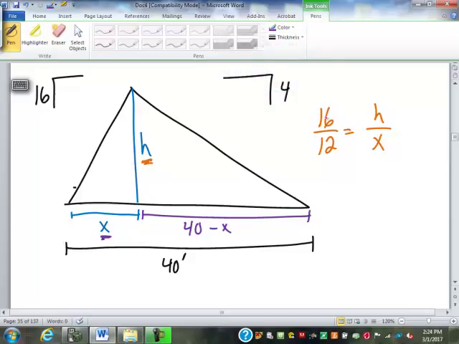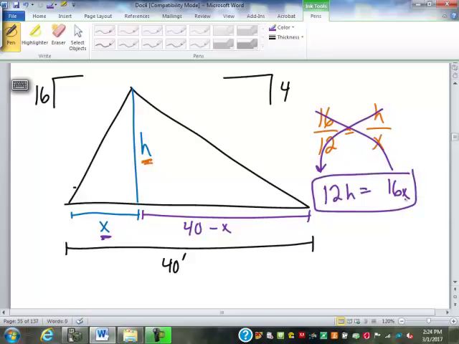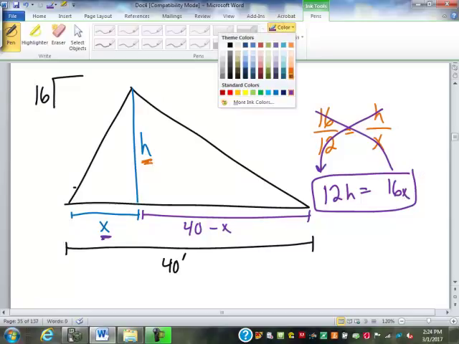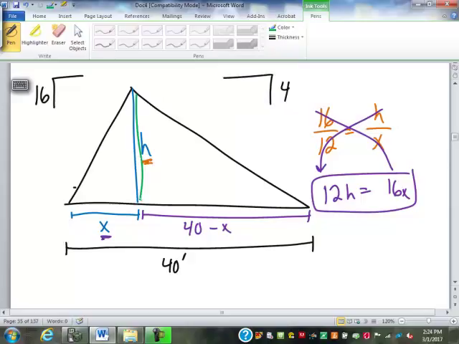So we can cross multiply here. 16 times x is 16x. h times 12 is 12h. We know that 12h is equal to 16x. Now we can look at the other side over here, with the 4 and 12 slope.